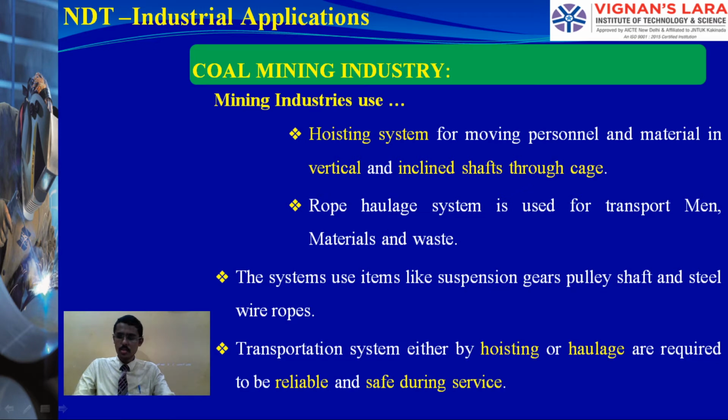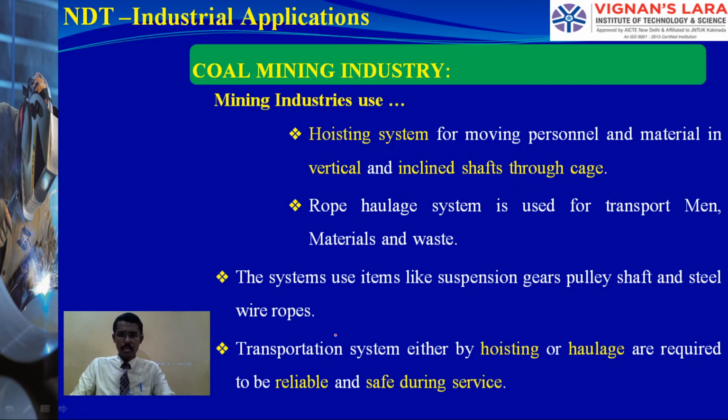The employees should go in. For all those things we use a strong rope-connected system, and there is a chance of failure in those ropes too. So they have to be inspected periodically; then we will get good quality and maintenance, and the service life will be increased.